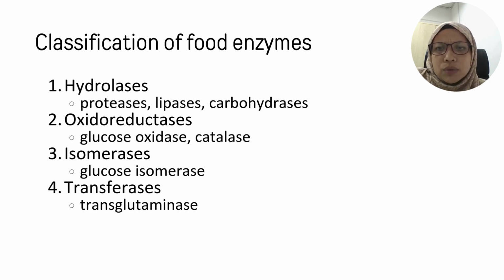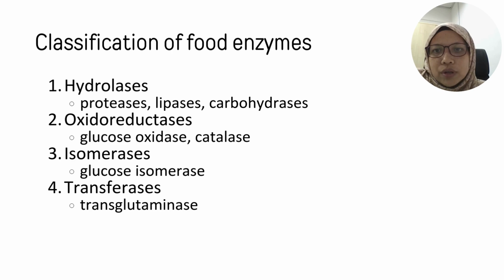Okay, and then number two, oxidoreductase, oxidation and reduction process. So the examples of enzymes are glucose oxidase and catalase. Number three is isomerase. Isomer means dia ada rearrangement of certain chemical groups, so the rearrangements of the structure.